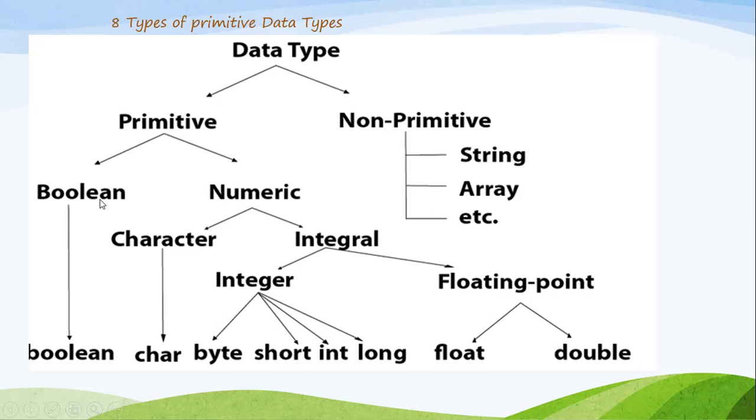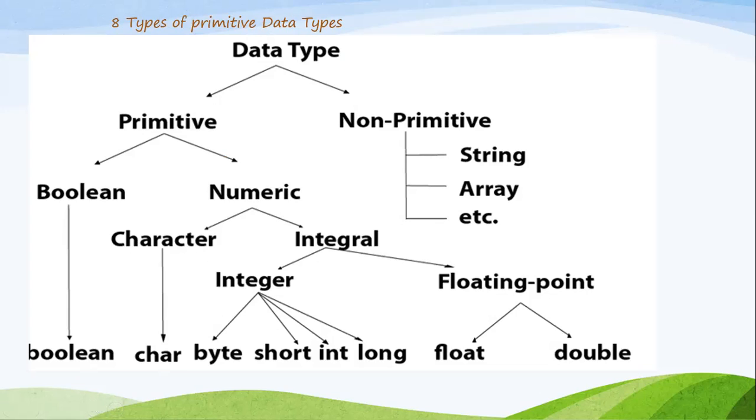In the primitive, we have boolean and numeric. Within the numeric, we have character. Character is char.